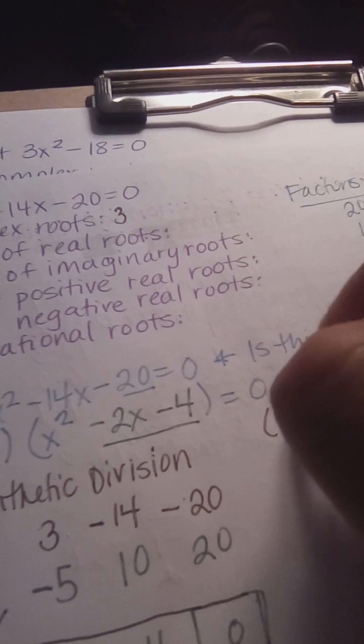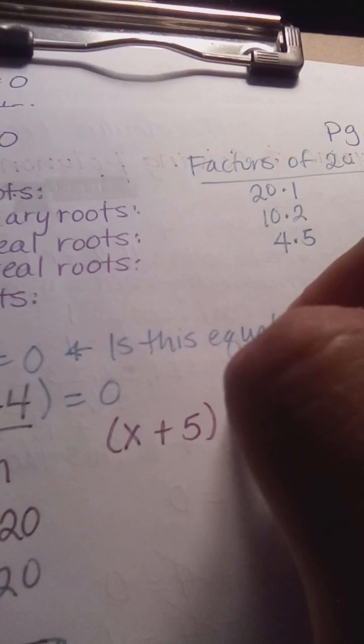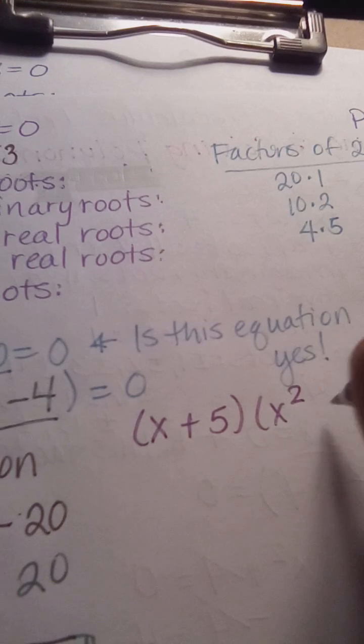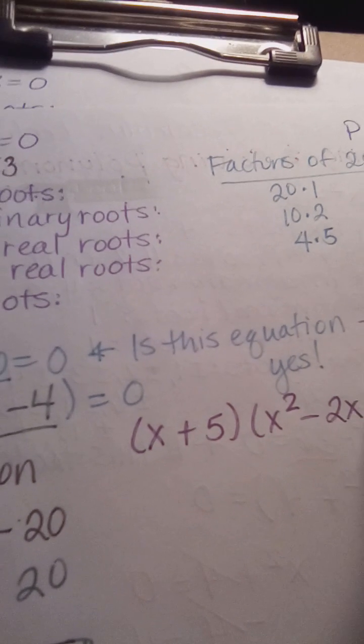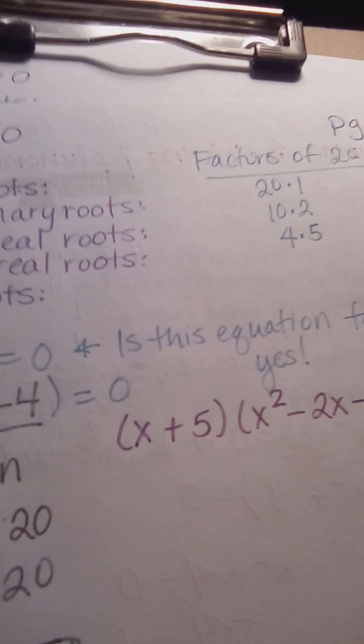It's a different color. Okay. I'm going to move this over. I'm moving the x squared, x plus 5. And then we have x squared minus 2x minus 4 equals 0. All right.